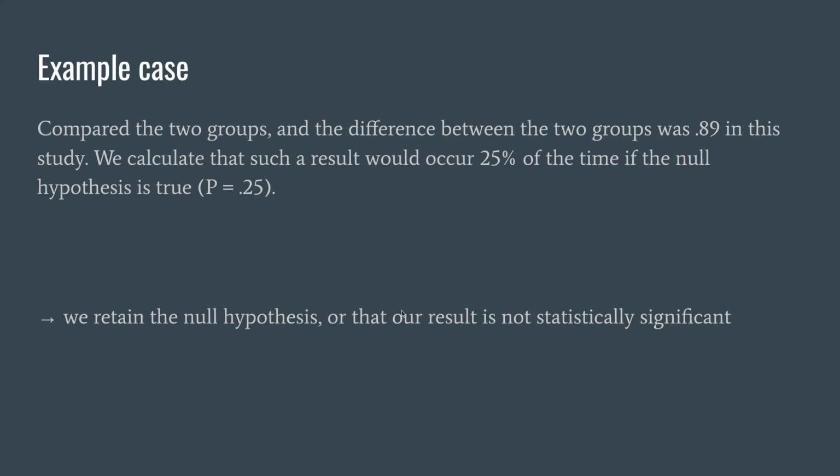So in this case, we decide not to reject the null because the p we obtained is larger than our decision point of p being 0.05. So instead, we will say we retain the null hypothesis, which means our result is not statistically significant.